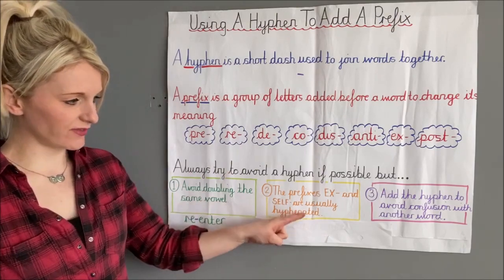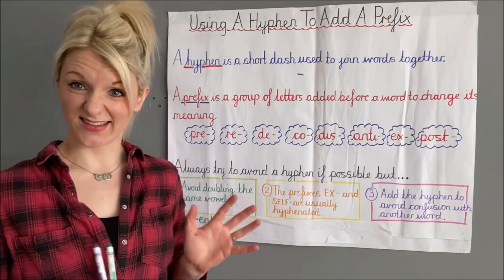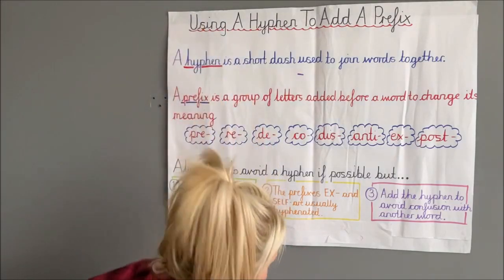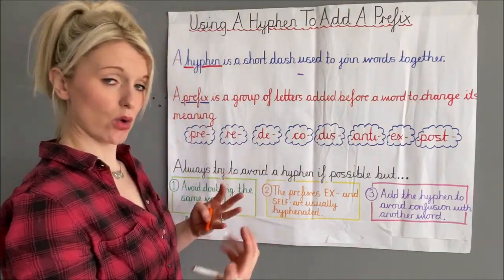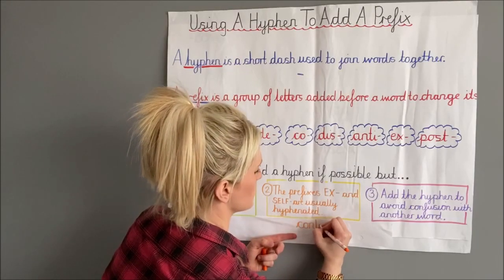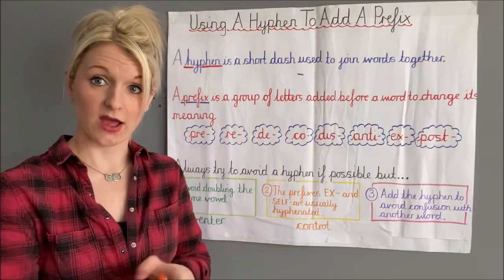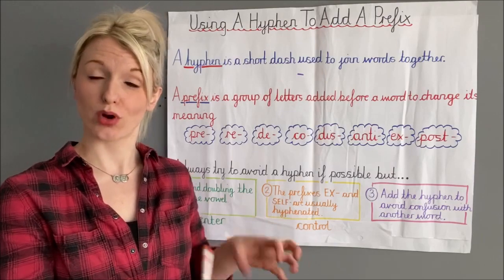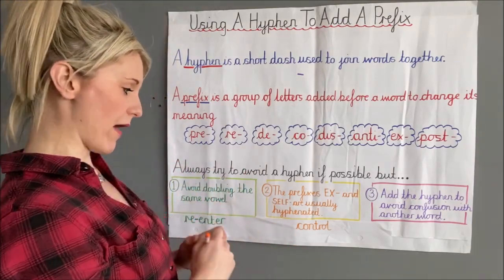Okay. The second tip, which I've written here, says that the prefixes ex and self should usually be added with a hyphen. Okay, so for example, if we take the word control, and we want to say that we need to exercise some self-control, so controlling ourselves, I want to add the prefix self.